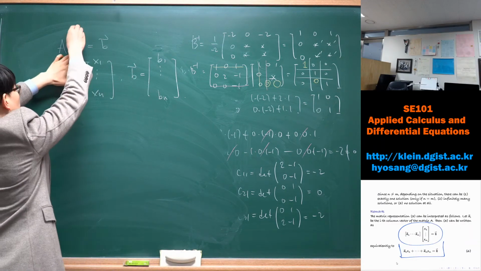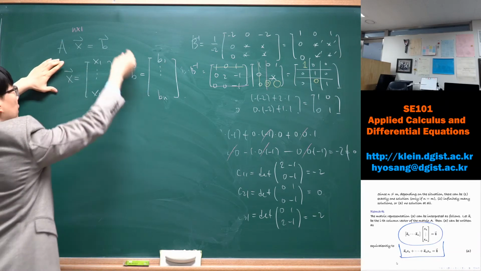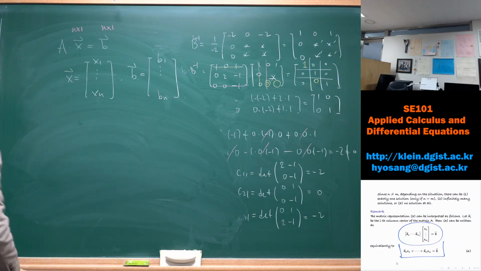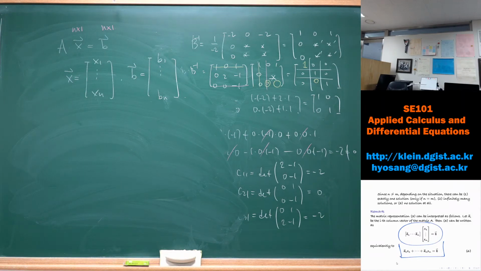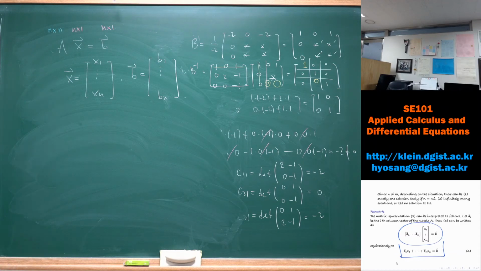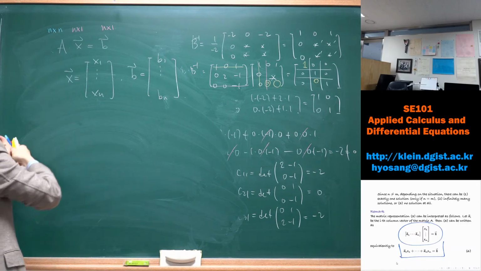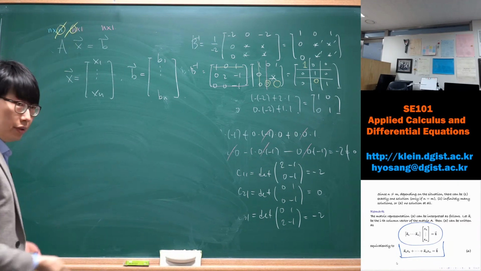By the definition here, vector x is an n by 1 matrix, right? And B is also an n by 1 matrix. So you can assume that when I take this equation, this matrix A must be an n by n matrix, because that's the only way you get the matrix B of size n by 1 by canceling out these two, right? So A is an n by n matrix.